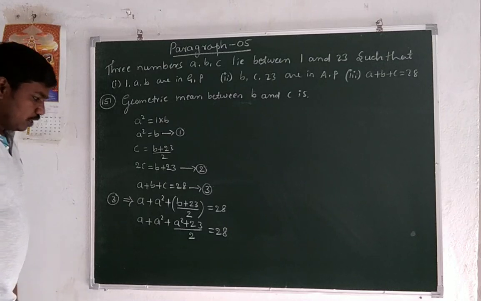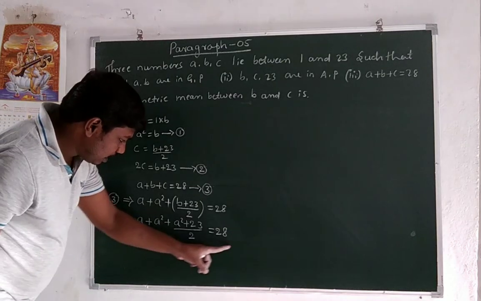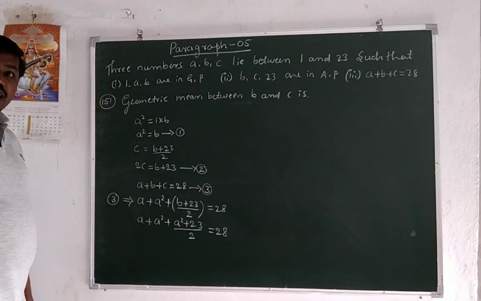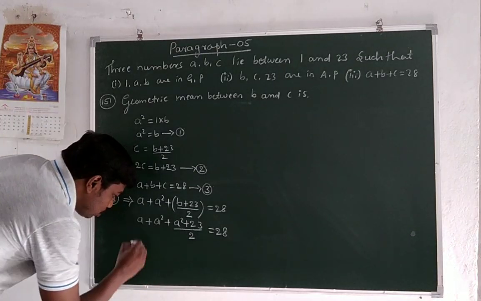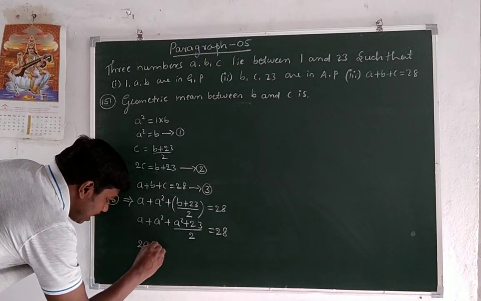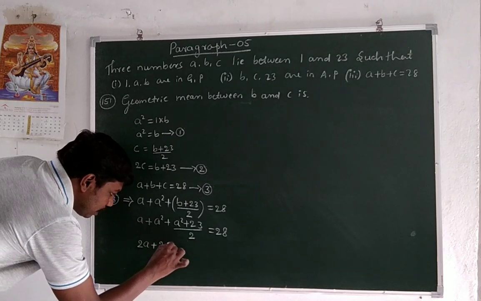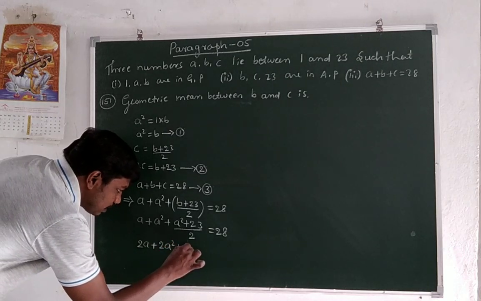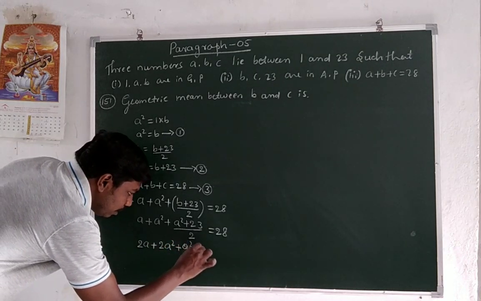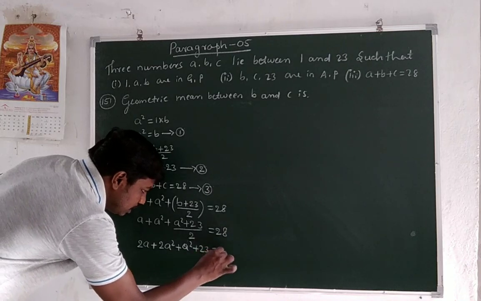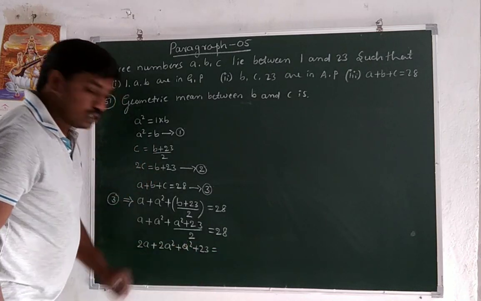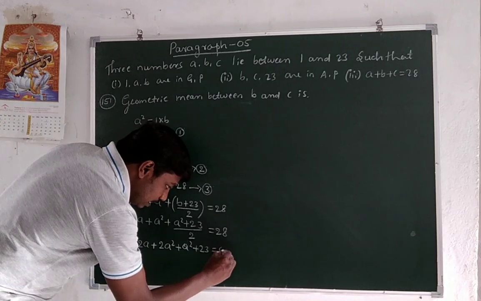The LCM is 2. So 2 times A plus 2 times A square plus A square plus 23 is equal to 28 times 2, which is 56.